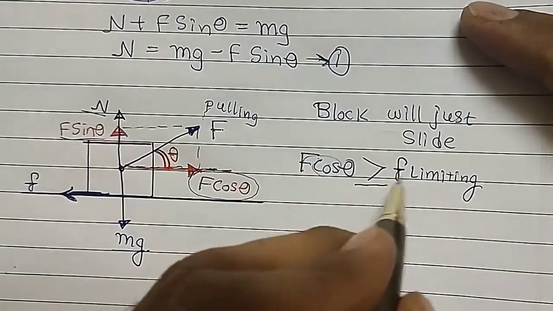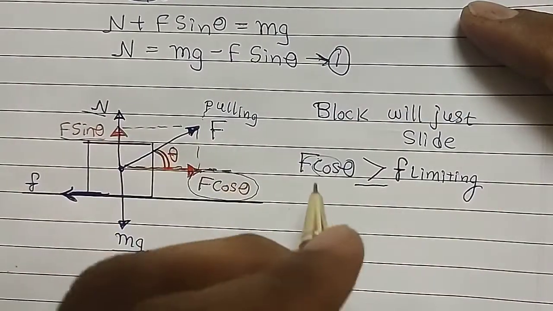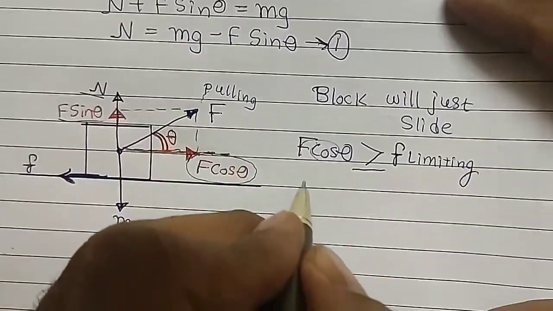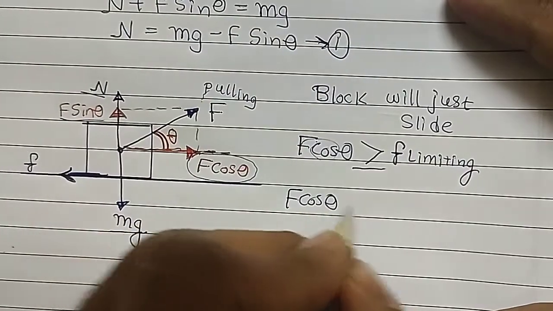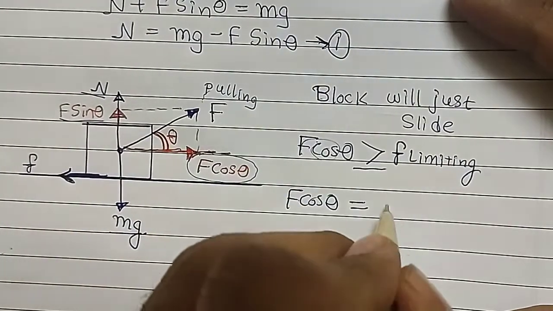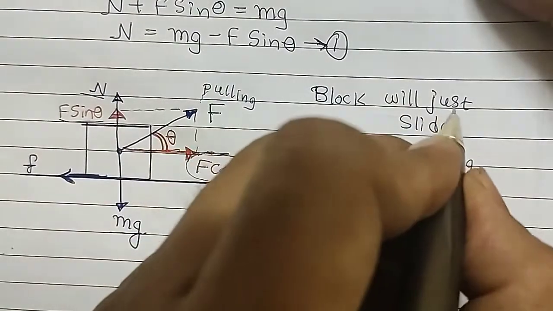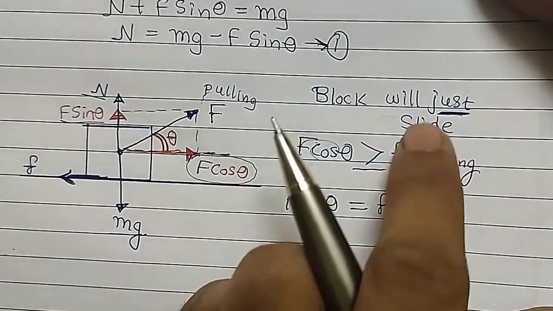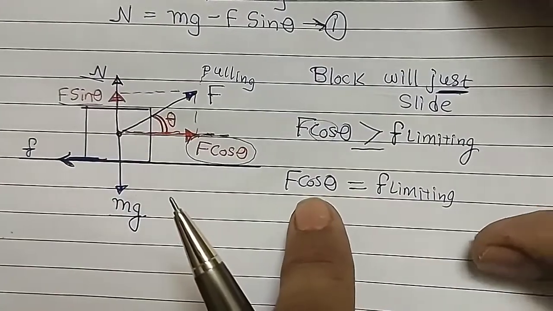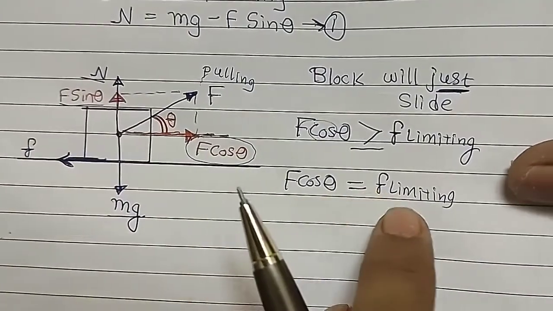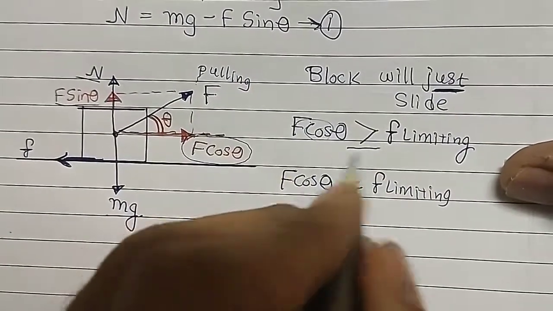When F cos theta becomes greater than limiting friction, obviously the body will slide. But when F cos theta becomes just equal to the limiting friction, that time the body will just slide. For just slide we should write equal. Okay. So when F cos theta becomes equal to limiting friction, the body will just start sliding.